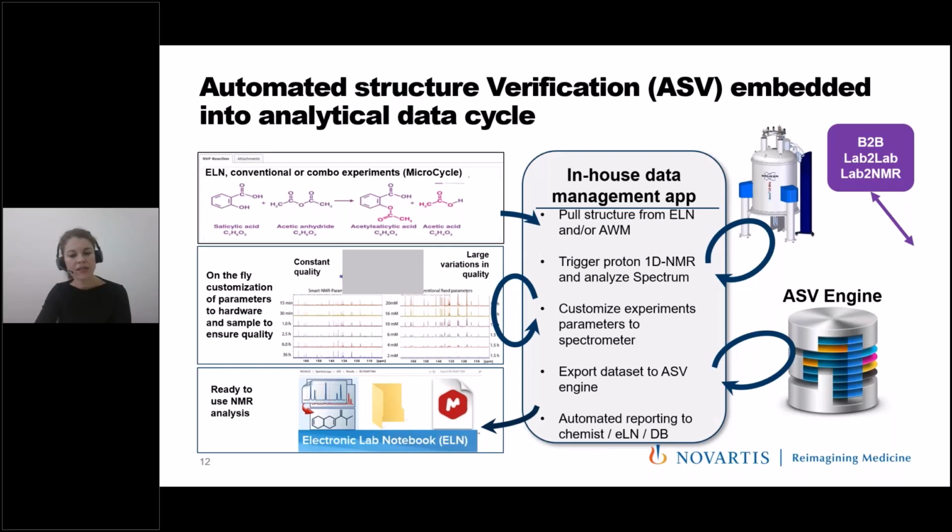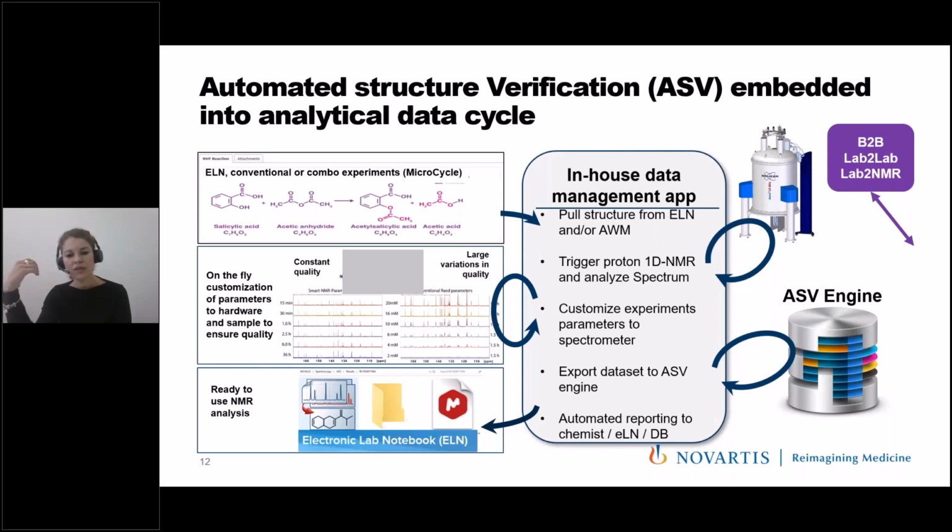The idea behind is that directly the software is able to pull the structure from either the lab notebook or we have a database, a platform for actually submitting requests, and directly a proton 1D NMR is triggered. Once the analysis is completed and the spectrum is analyzed, based on that result, the parameters of the next experiment are actually customized and sent directly to the spectrometer.